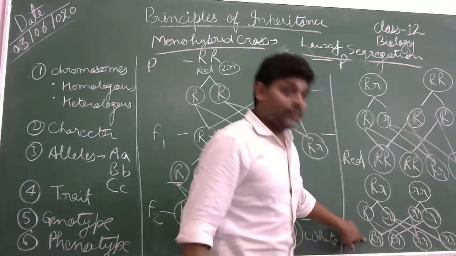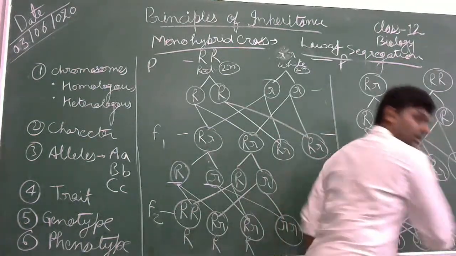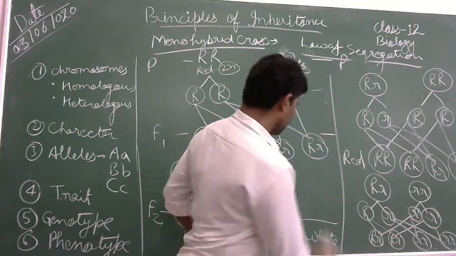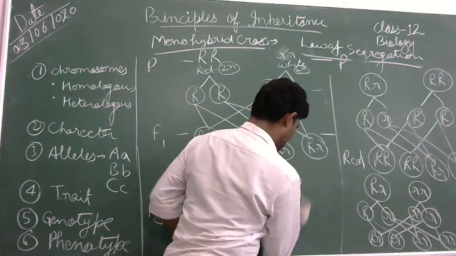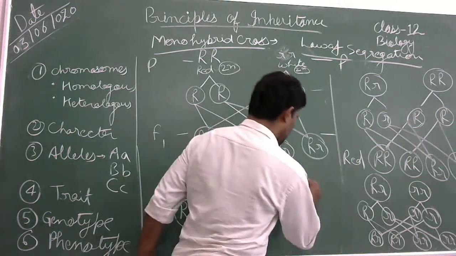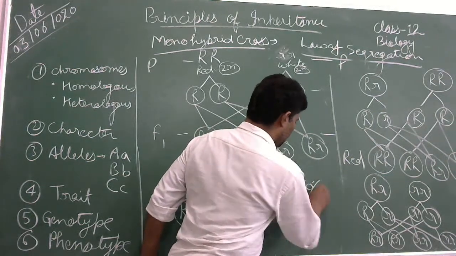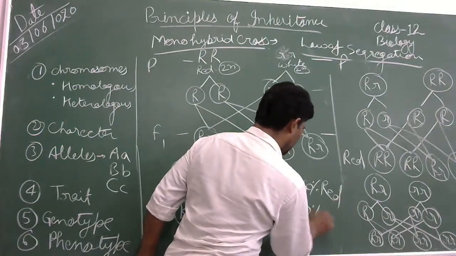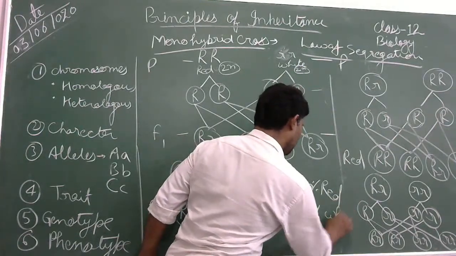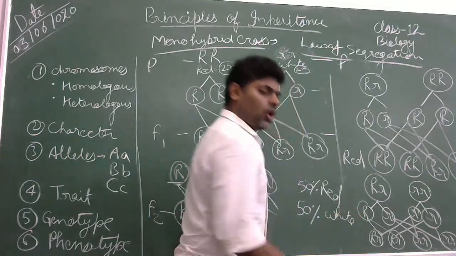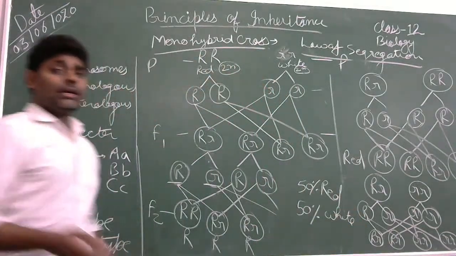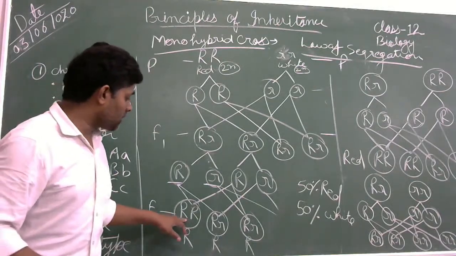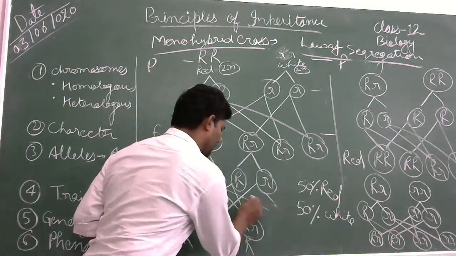Here we are seeing approximately 50% red and 50% white. What does it mean? Here are two types of progenies, homozygous progeny and heterozygous progeny.